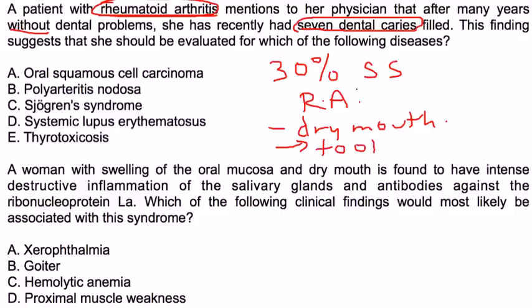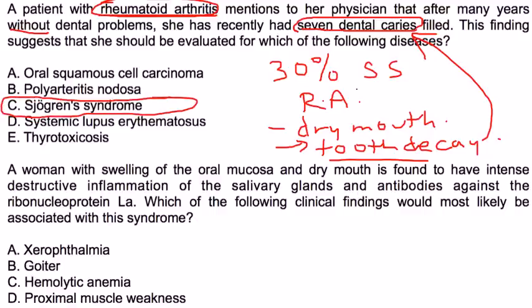It can lead to tooth decay, and you can also get stones in the salivary ducts. But this tooth decay, which is really what this vignette is talking about, hopefully can point you in the right direction, that this patient will most likely develop Sjögren syndrome, and fortunately they've listed that as one of the answers.